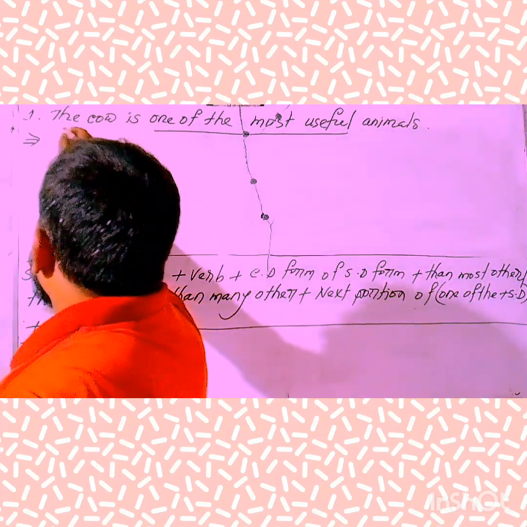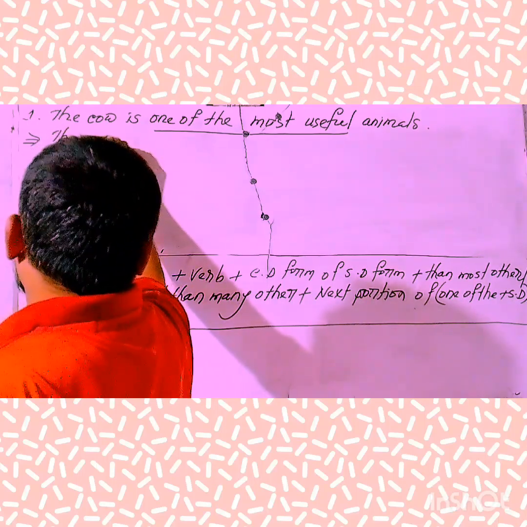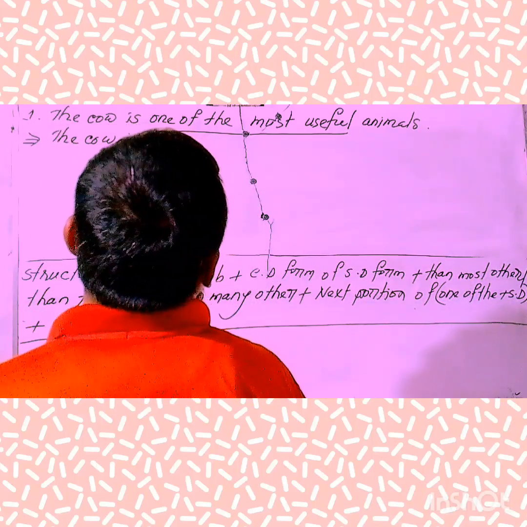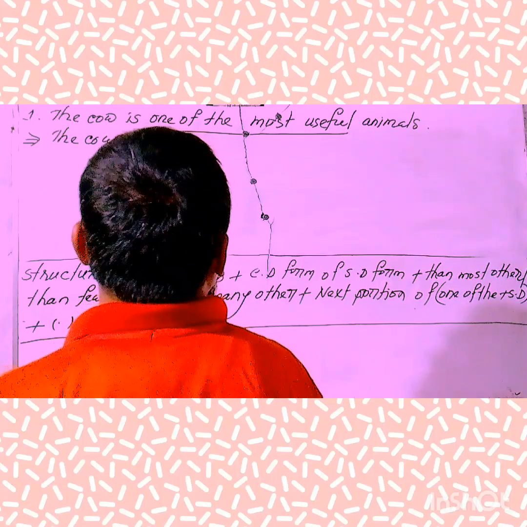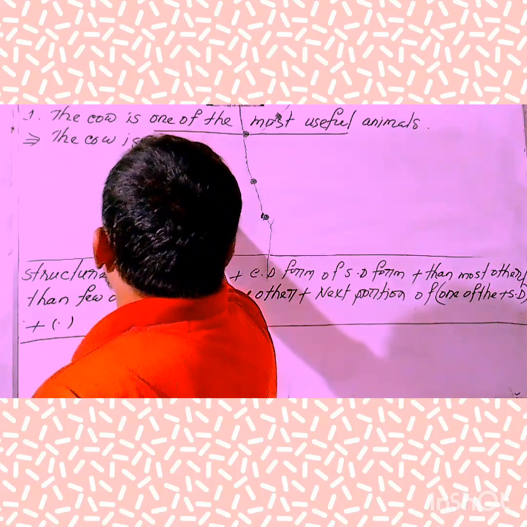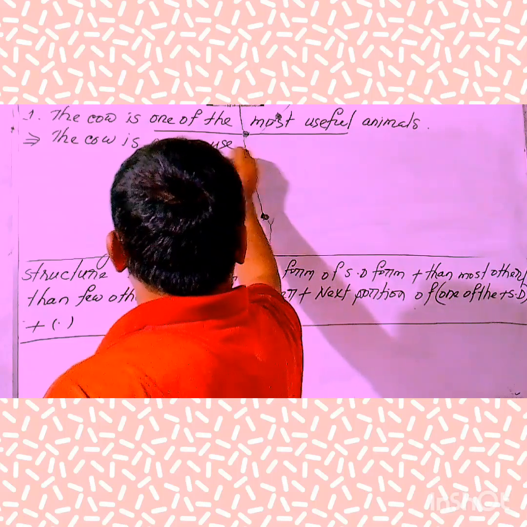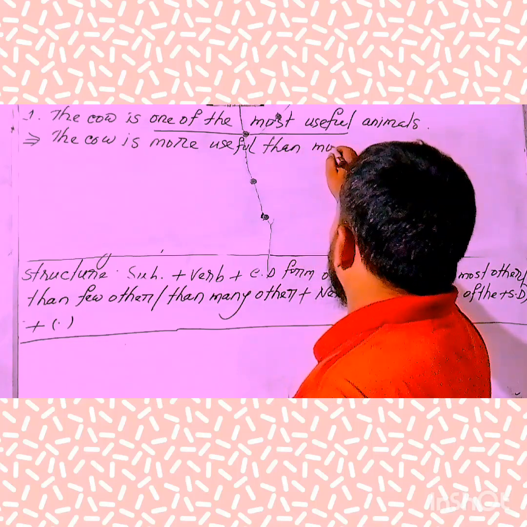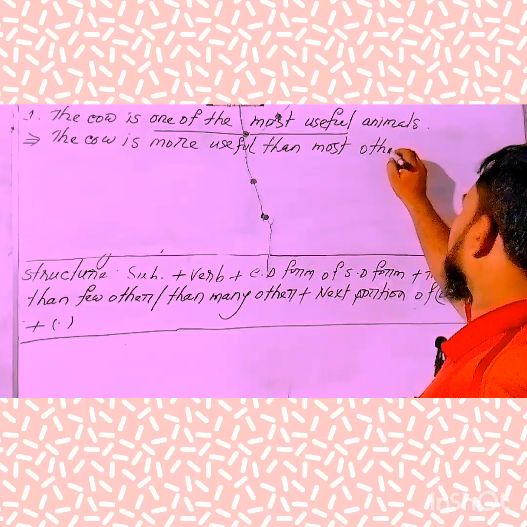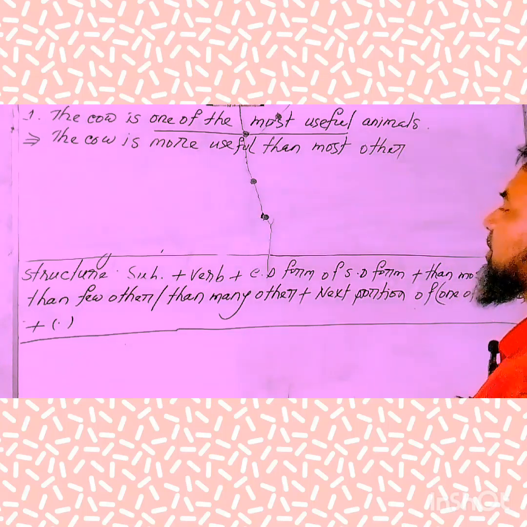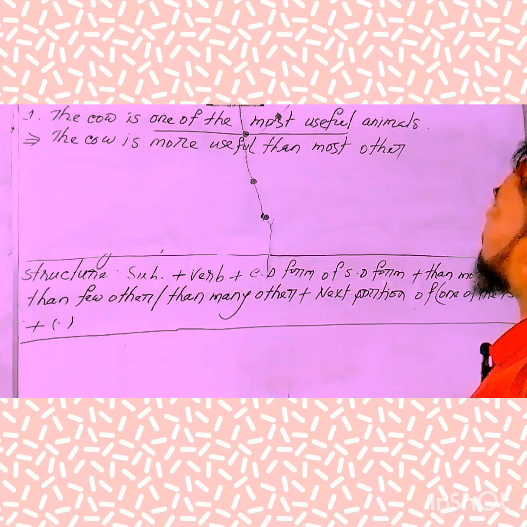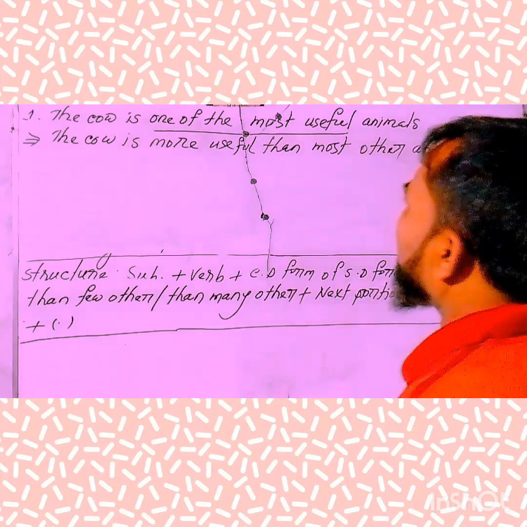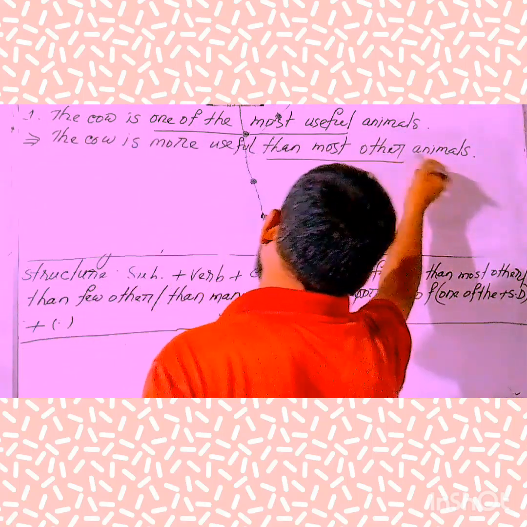At first subject, the cow. Next verb. Next CD form of HD form. Here HD form is most useful and CD form of most useful, of course, more useful. Then most other. Now we'll have to use the next version of one of the plus HD, animals. Underline then most other.